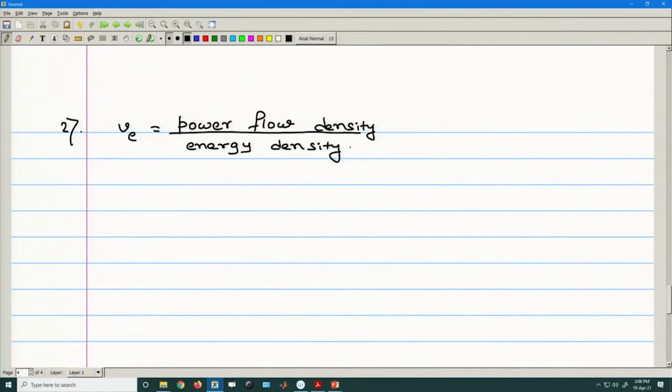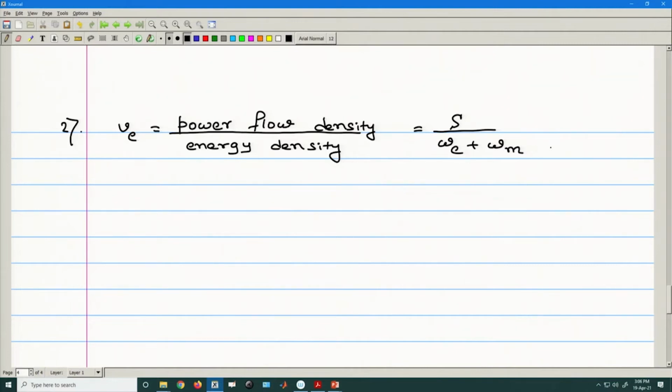Fine. That is equal to S by WE plus WM, where WE and WM are the electric and magnetic energy densities. Fine. So, now to calculate the velocity of propagation of energy, we need to find out WE and WM as well as S.